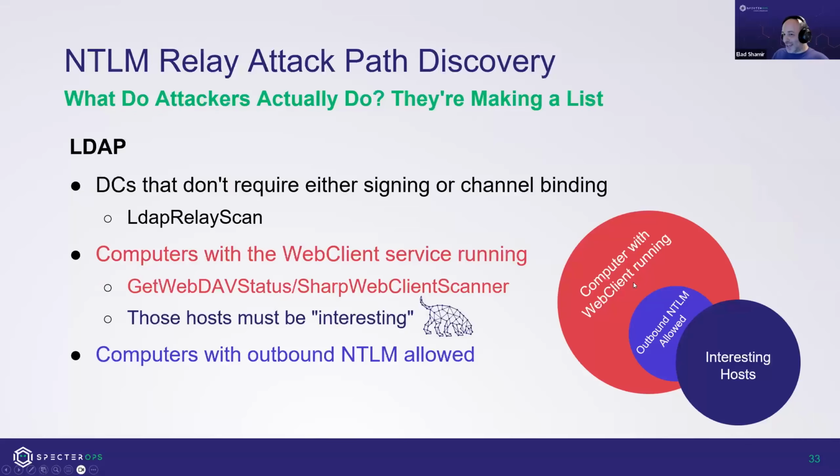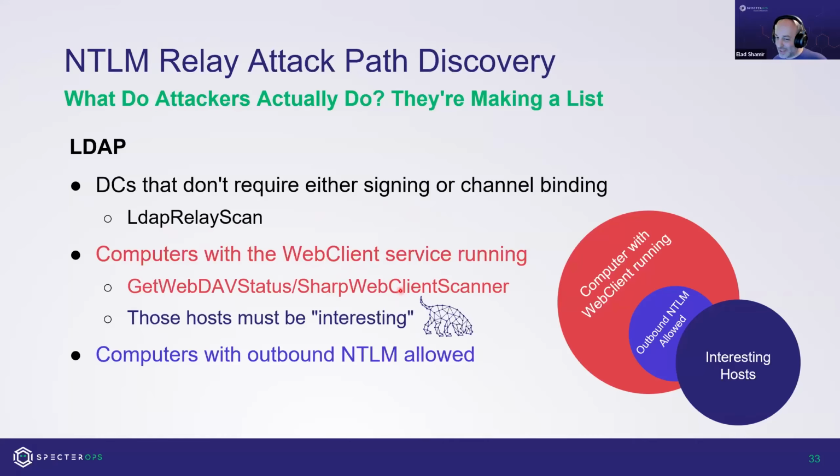The same idea applies when you relay to LDAP. You need to identify at least one vulnerable DC that doesn't require either LDAP signing or LDAP channel binding. You can identify that with LDAP relay scan. And you need to identify a client that you can coerce and relay to LDAP that requires that the web client service is running.